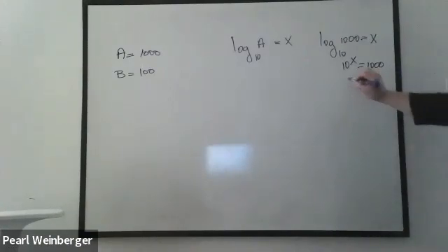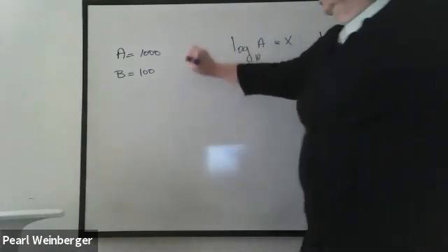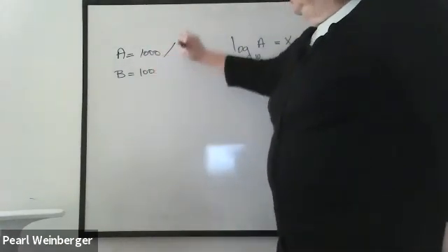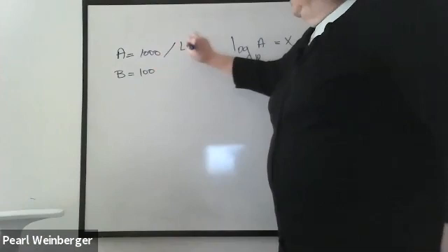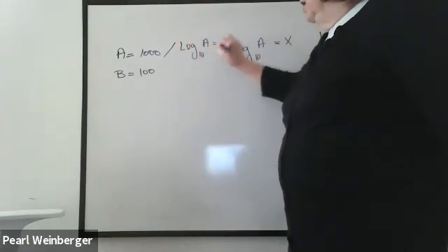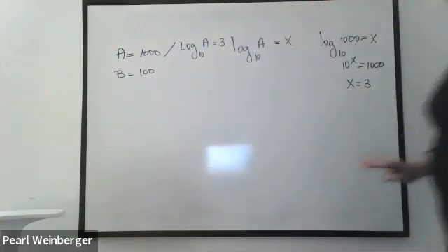And I think everybody would agree that X would have to be 3. In other words, if A is 1,000, the log base 10 of A has to be equal to 3, because 10 to the 3 will give us 1,000.